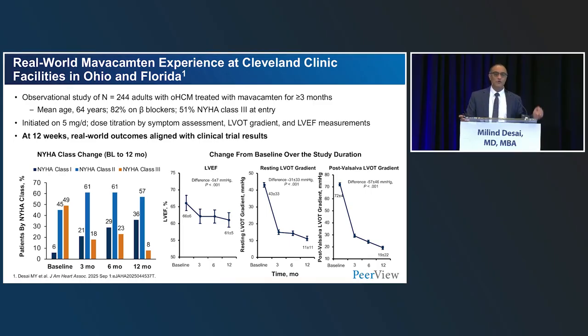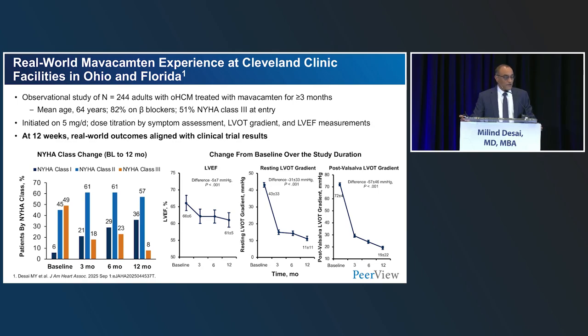This is our first 244 patients, of which 171 got at least 1 year of mavacamten. These are all Cleveland Clinic patients. To be included, they had to be prescribed for at least 3 months, so stable dose. Mean age slightly higher than the trials, 51% NYHA class 3 at entry.